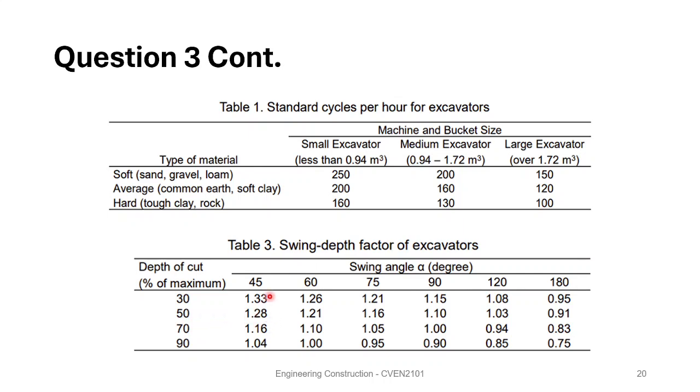So let's say it's 60, so it's between 50 and 70, so you know it's probably halfway between 1.28 and 1.16. So that is 1.22? Yeah, 1.22, okay? So yeah, please pay attention to that.